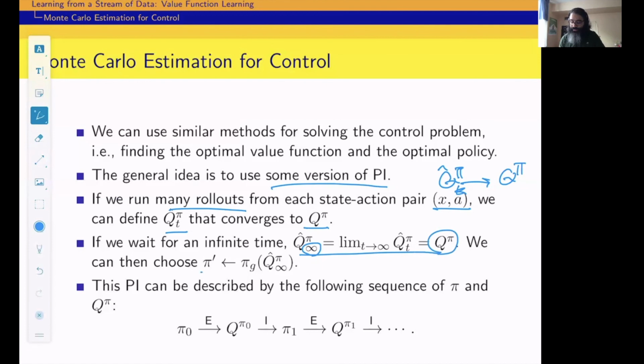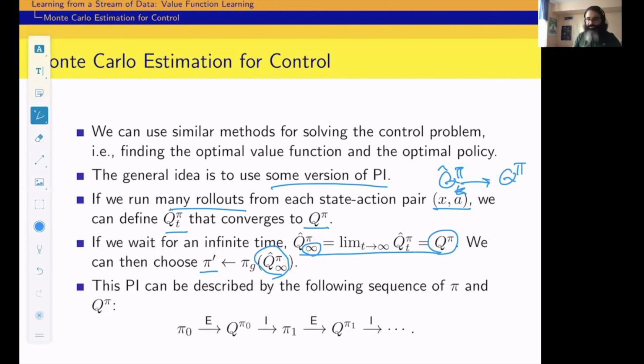So if I choose pi prime as the greedy policy with respect to this accurate estimate, then I already found a new greedy policy, which because of the policy improvement theorem would be at least as good as the previous policy. And because of the policy iteration algorithm and the guarantee that we had, we gradually improve the policy until we get to the optimal value function and optimal policy.